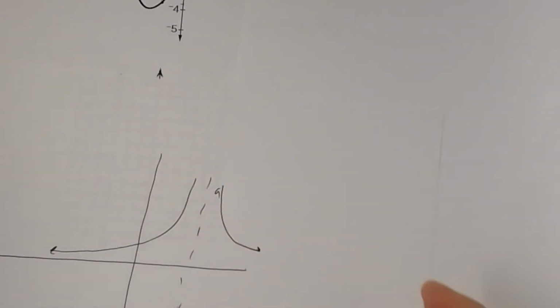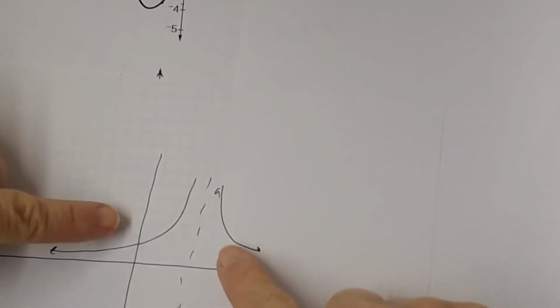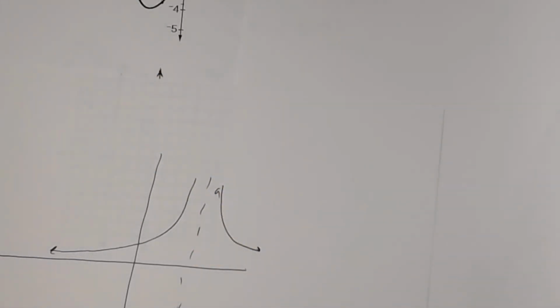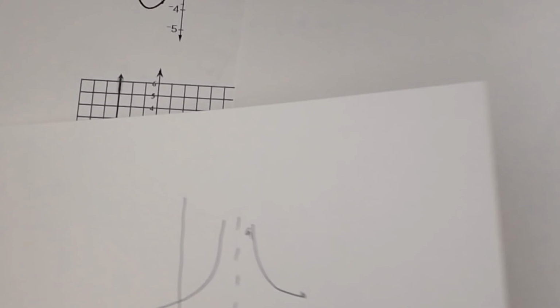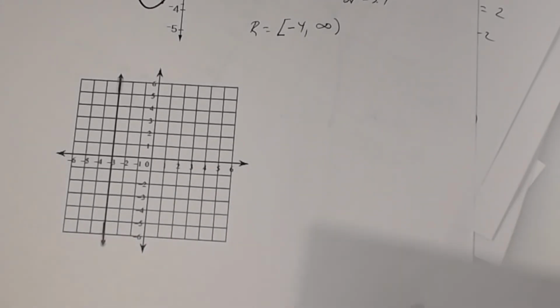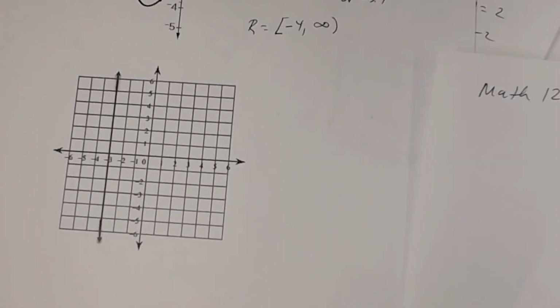The idea is that part of the graph goes towards it, like a magnet, but doesn't touch it. So we haven't talked about that yet. It's a good idea, but let's not focus on that right now. But always think out of the box and see what you can do with it.